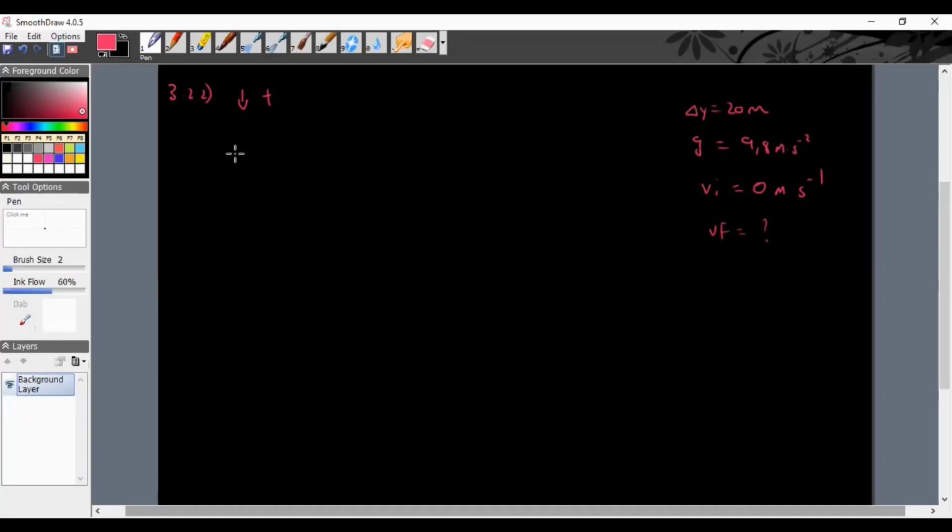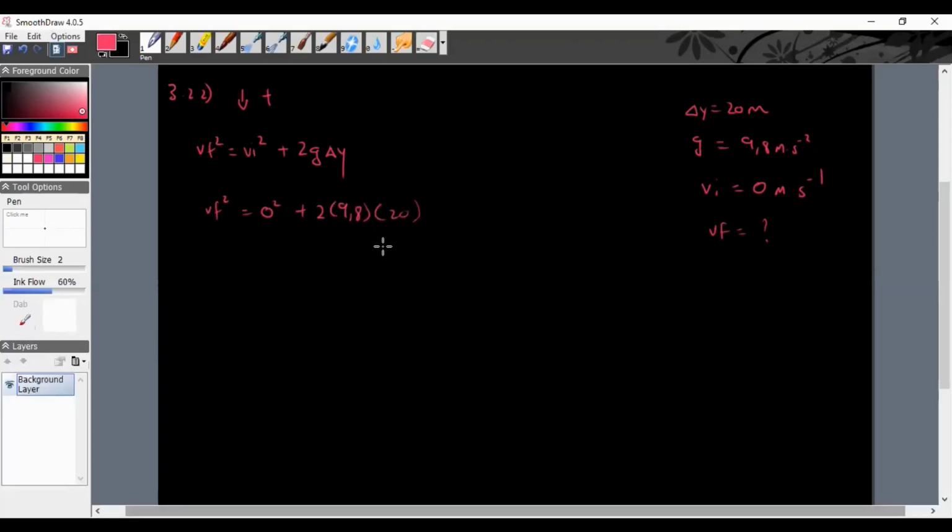So the equation of motion we're going to use here is Vf squared equals Vi squared plus 2g delta y. Vf squared is what I'm looking for: 0 squared plus 2 times 9.8 times 20.